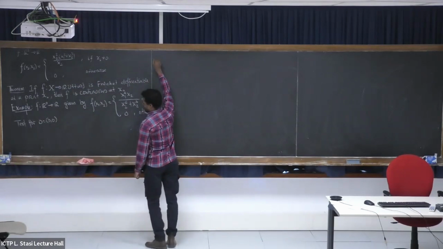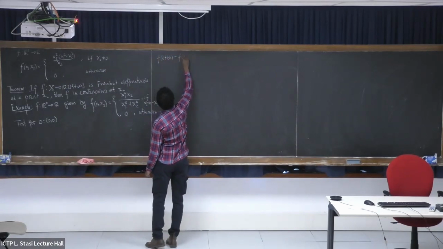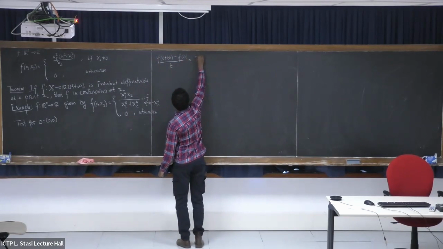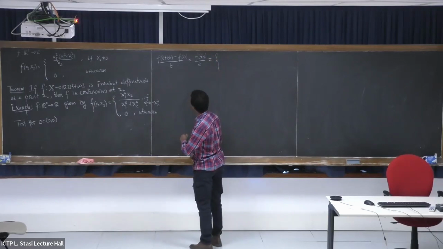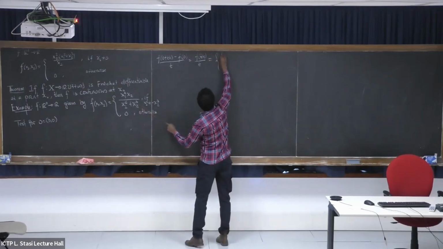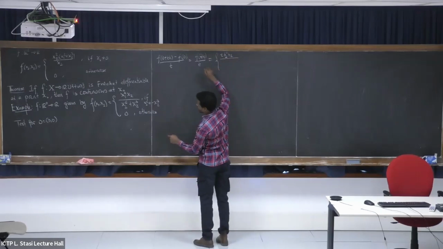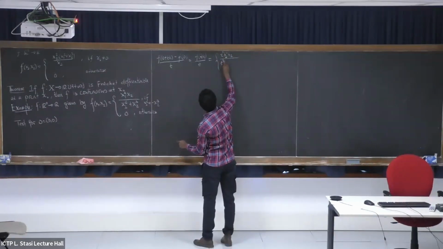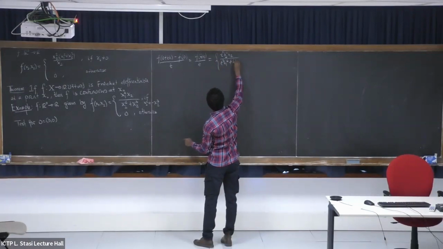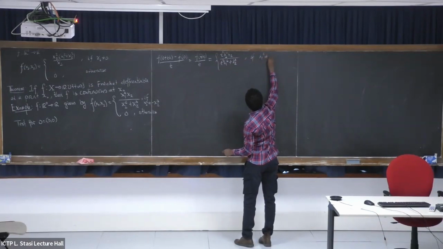Here, f of (0 plus t h) minus f of 0, over t, equals f of t h over t, which is obviously h1 to the power 4, h2 over the denominator, h1 to the power 6 plus h2 to the power 3, if this denominator is different from 0.